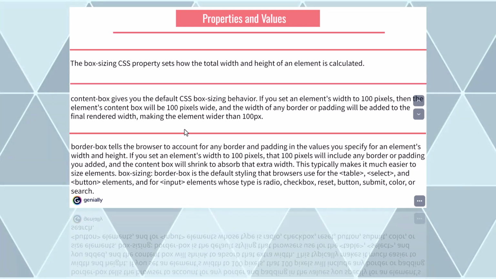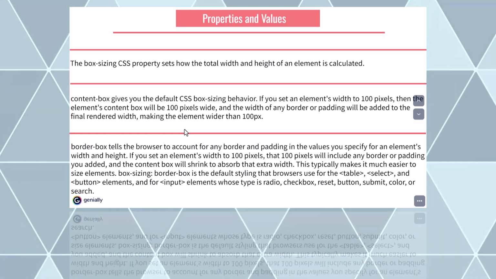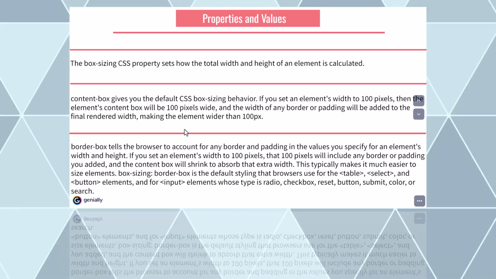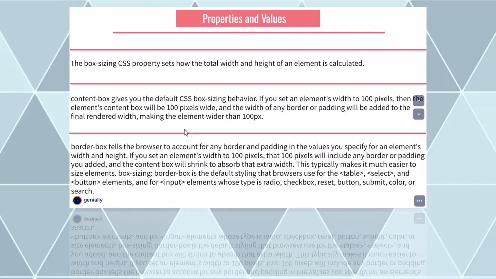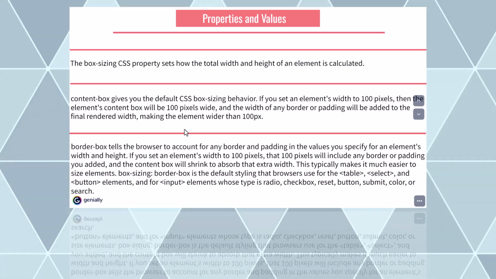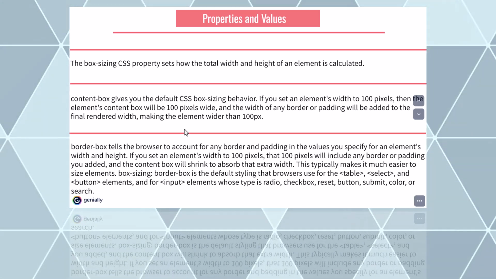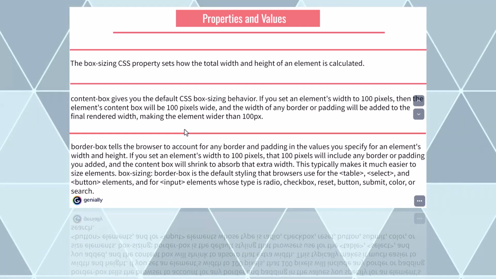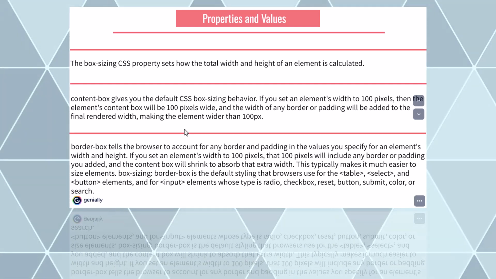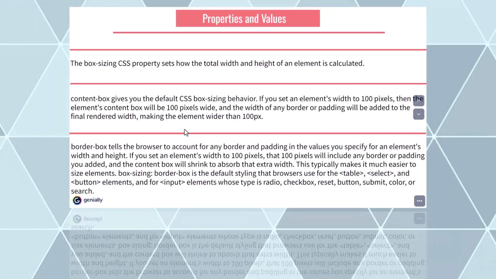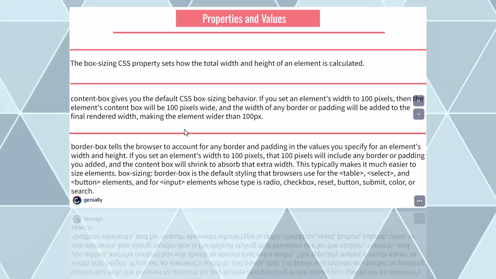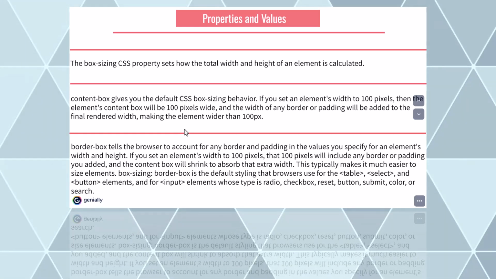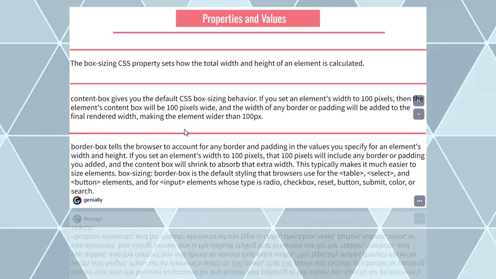Let's keep that in mind, because we are talking about the box sizing property, and content box and border box are both values of it. So then I think a border box calculates the width and height of your box. Okay. Because in my understanding, the content box is the content, and within that content you have a border box. I'm not sure, I'm confusing myself.